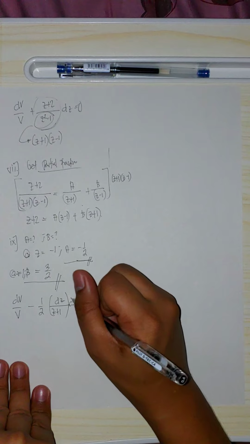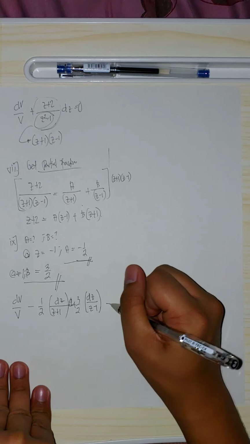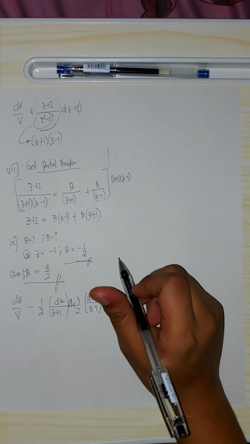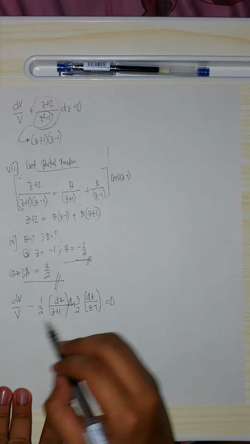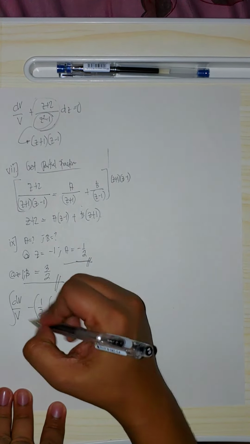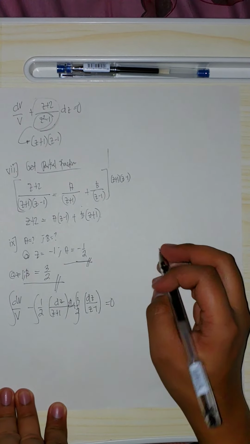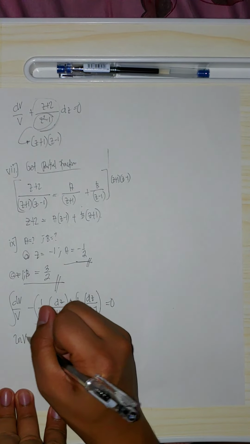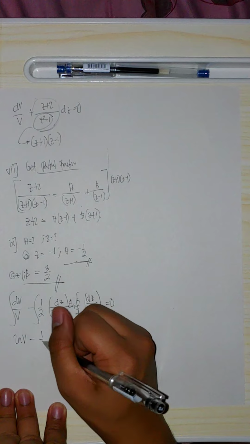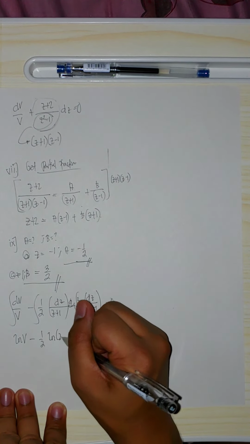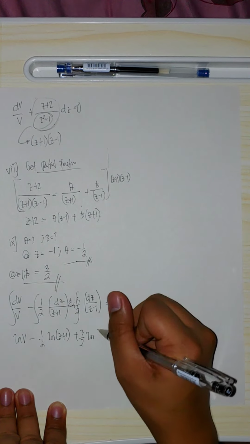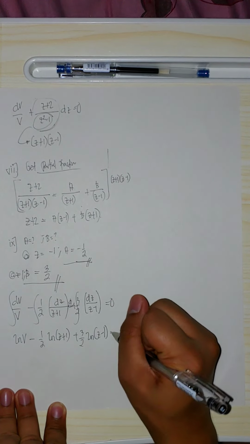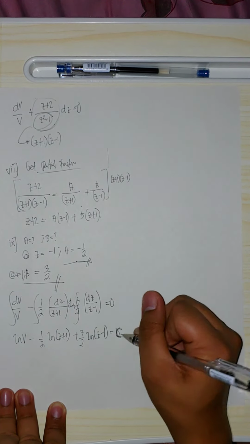Simplified already, then we integrate. So this becomes ln v minus 1 half ln z plus 1 plus 3 halves ln z minus 1 equals c.